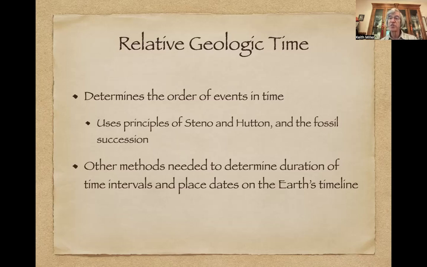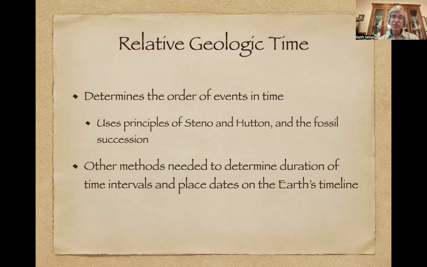And I talk about this in detail in another video in the playlist on evolution in the fossil record. So if you're interested in that, you can go to that video. I also have a short hands-on video that looks at a geologic cross-section and then describes how you would reconstruct the order of events.